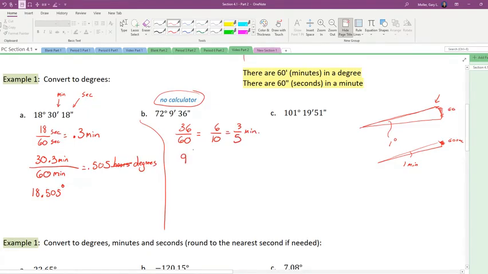But I have 9 3/5 minutes divided by 60, which is 48/5 over 60, or 48/5 times 1/60th. 12 goes into 48 4 times, 12 goes into 60 5 times, and so I end up getting 4/25. So what's the answer? 72 whole degrees and 4/25 of another degree.